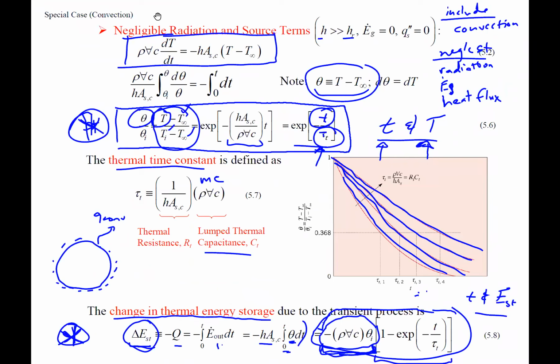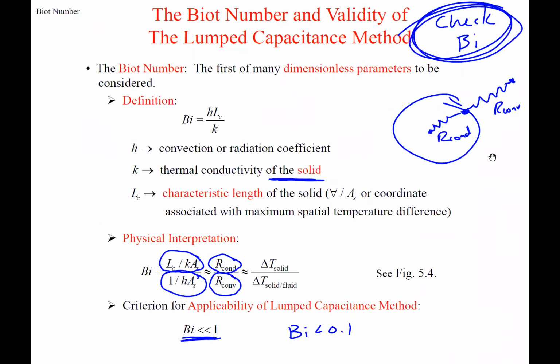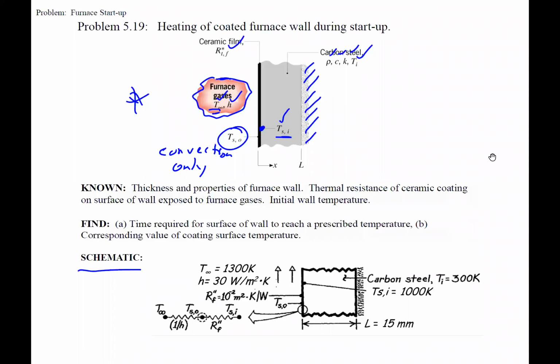They're asking us about time and temperature, so we're going to be using this one. So convection only, and we need to check the Biot number.